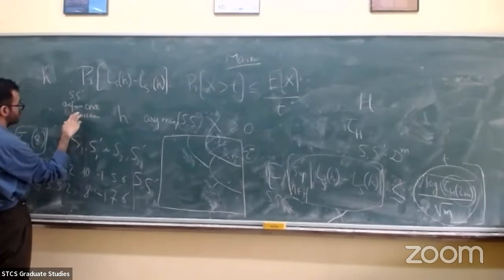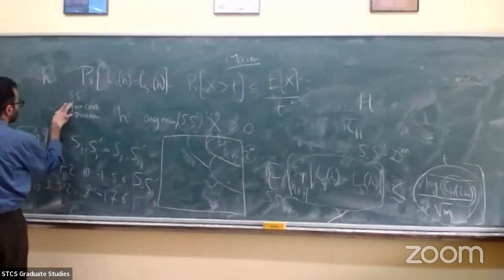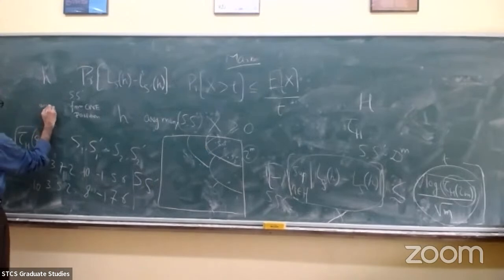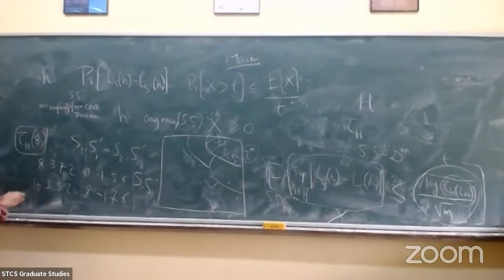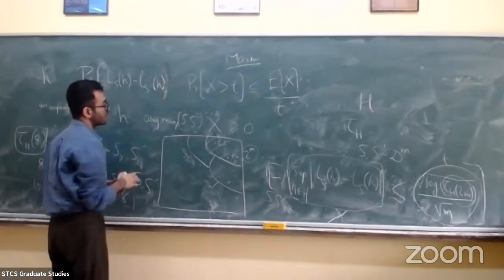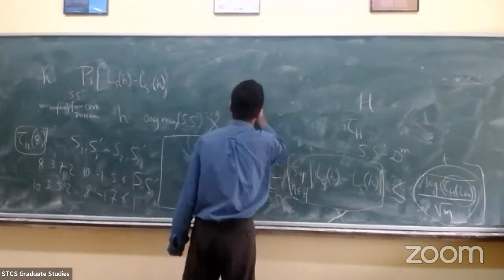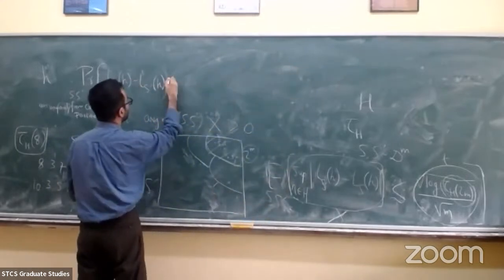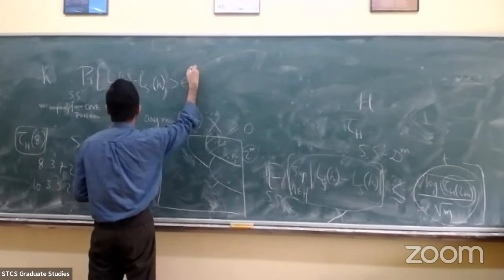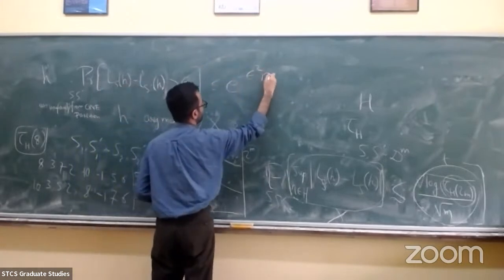where S and S prime are chosen uniformly from one partition. So the probability that this error is bigger than epsilon was smaller than something like 2e to the minus epsilon squared.